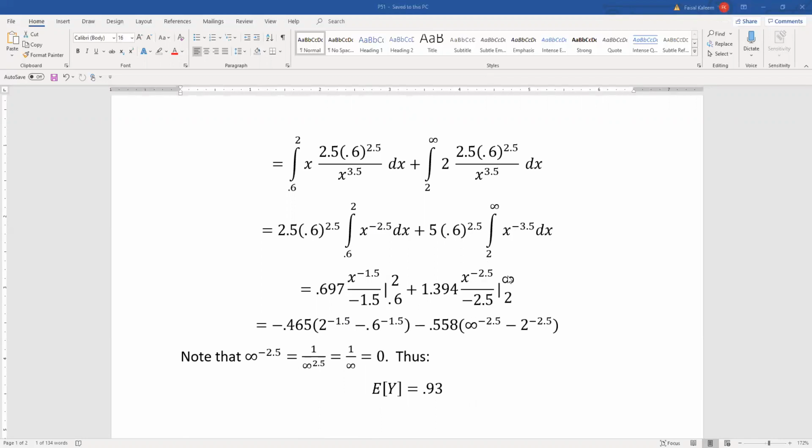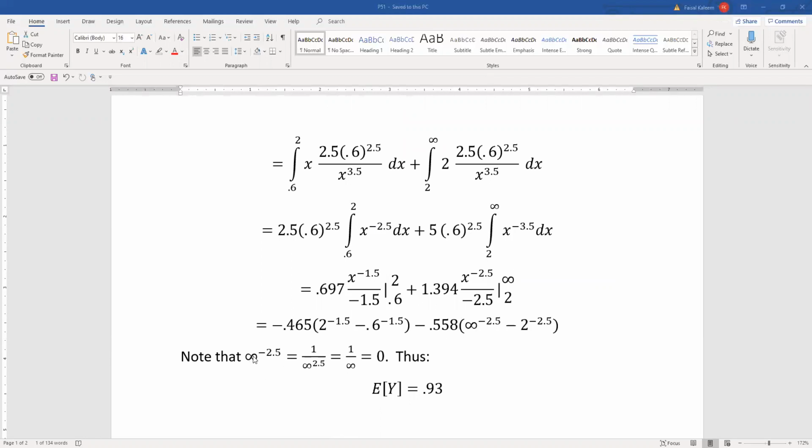Now, when you substitute this infinity part, it's infinity to the power negative 2.5. Whenever you encounter infinity to the power of something and want to figure out what it is, you should change it to a positive power before making your conclusion. If you don't, and you just see infinity to the power negative 2.5, you may think, oh, infinity to any power is infinity, but not necessarily.